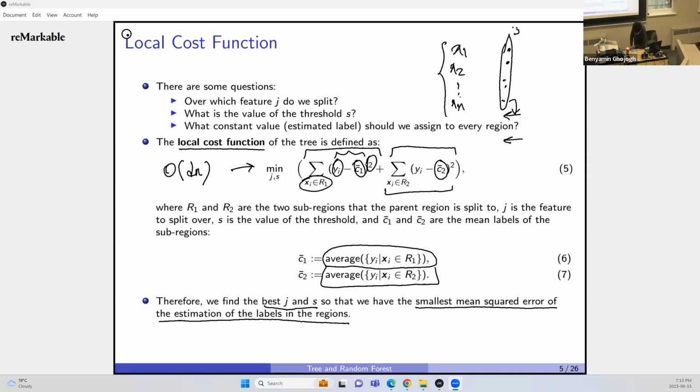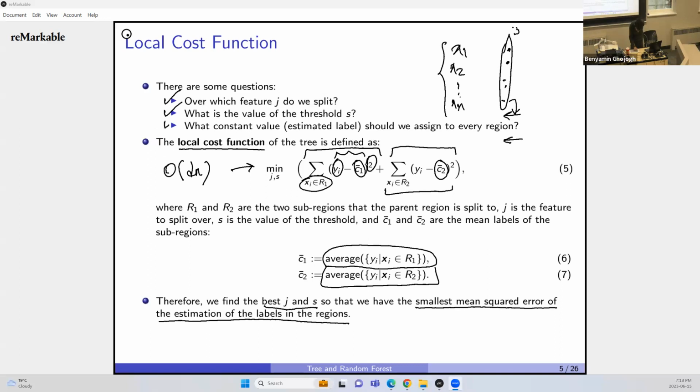In the nested loop, we see which combination of J and S gives us the least value of equation 5, and that's the answer. So now we have answered which feature we should split over, and also what is the value of the threshold.